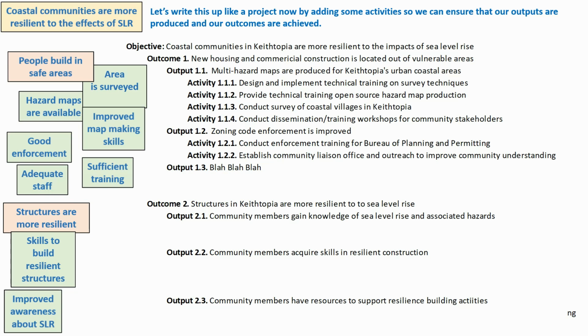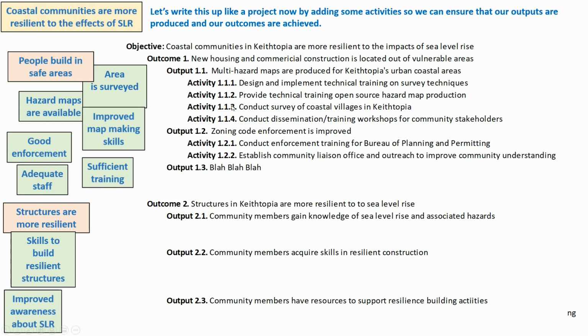As many people, if they understand why the zoning codes are in place, they will follow the zoning codes. So we use enforcement, but we also use the soft touch, because that's appropriate in Keytopia. Now, in your context, it may not be appropriate. So remember, always use activities that are locally appropriate.